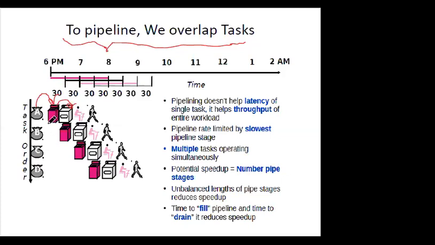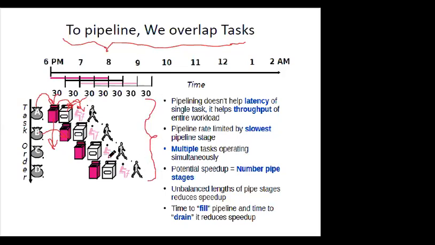When A is drying, the washing machine is idle, so we can take B to the washing machine. When A is taken to folding, B will be taken to the dryer, and C will be taken to the washing machine.